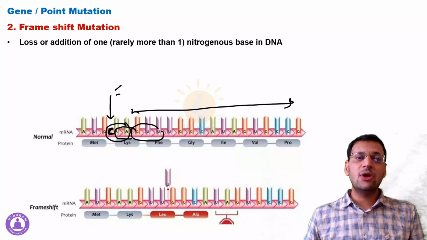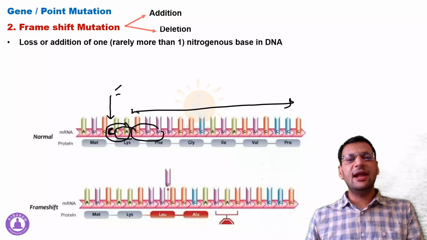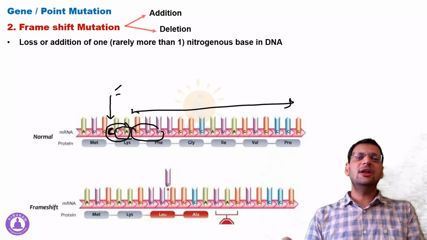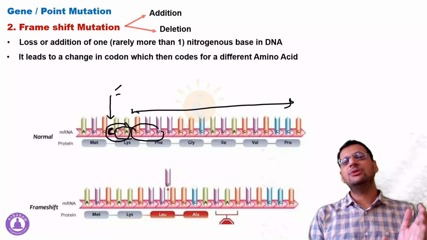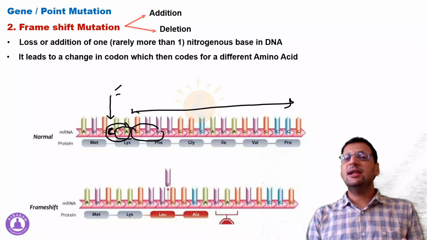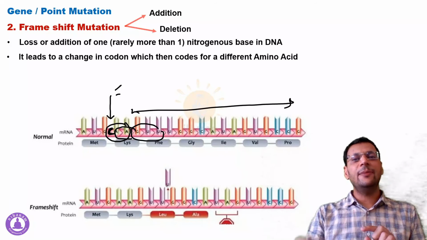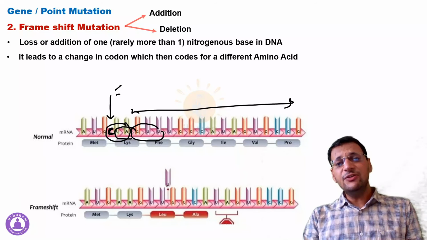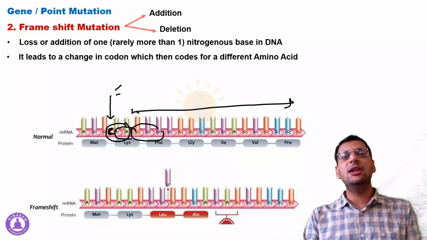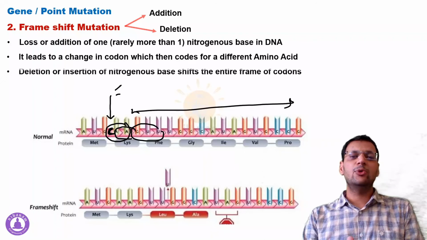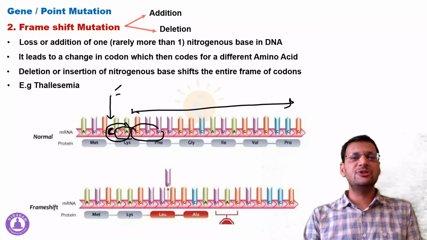That's why this is called a frame shift mutation. This is of two types, either an addition or a deletion of a nitrogenous base. That would bring a change in the codon, which would then code for a different amino acid, and the entire sequence would now be read in a different manner, which would surely lead to a change in the entire protein structure. Getting my point? That's why this is called a frame shift mutation.